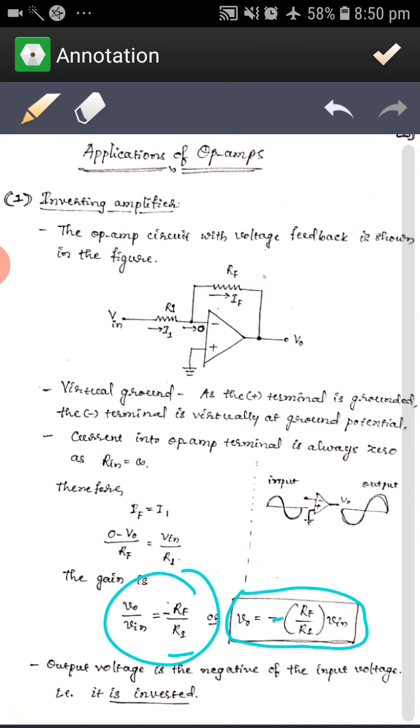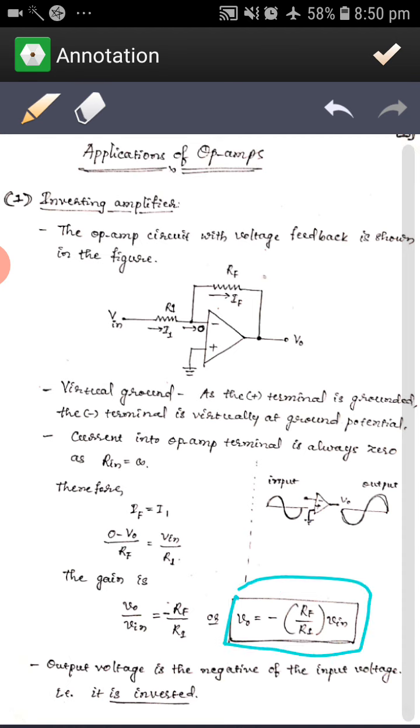This is a minus term because we are giving the input to the negative terminal. This is the output equation: in the inverting amplifier, the output voltage is minus the feedback factor RF by R1 into Vin. This is how it looks practically: the sinusoidal, out of phase signal we can see here.